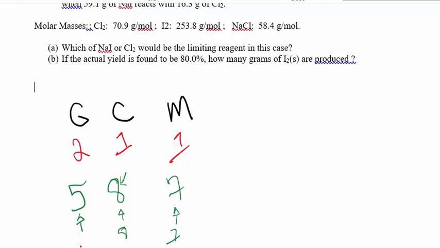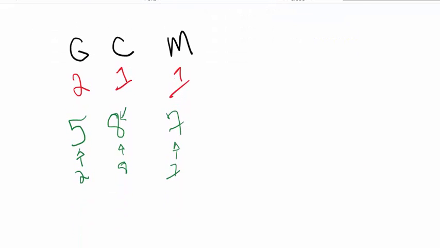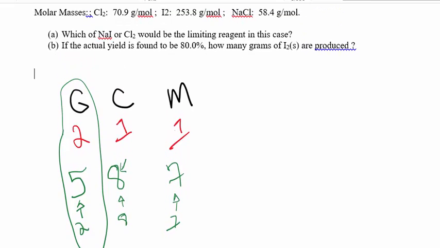I can only make 2 s'mores with graham crackers. So our limiting reagent here is the graham cracker. You can't make more than what you have, and we only have enough for 2 because of the graham cracker. We have enough for 8 with the chocolates. We have enough for 7 with the marshmallow. But only 2, and so that's what we have to work with. So our limiting agent is the graham cracker. We can only work with 2.